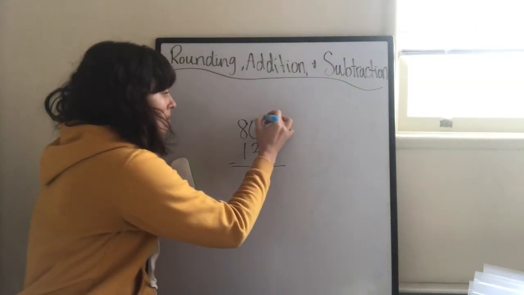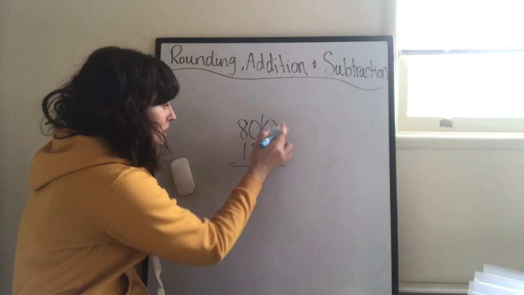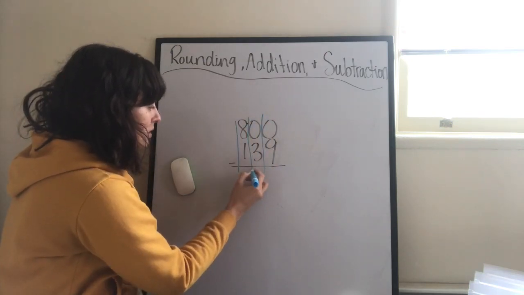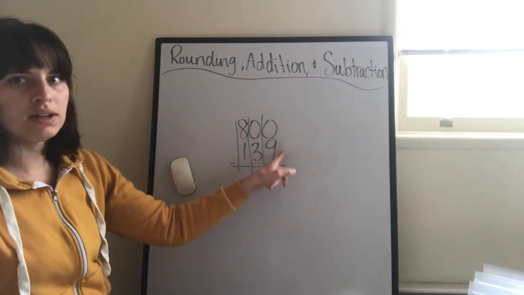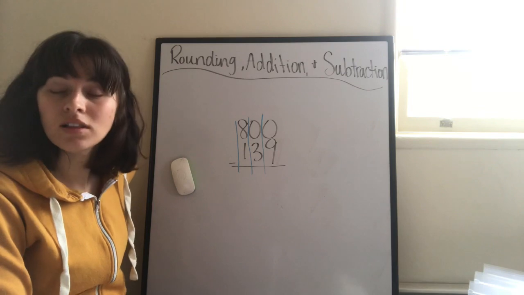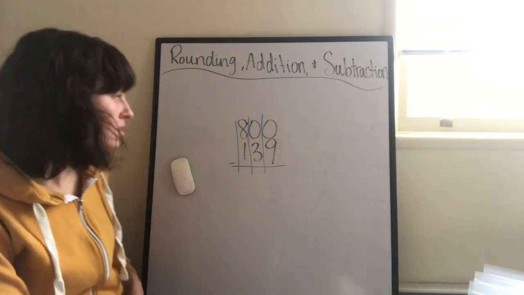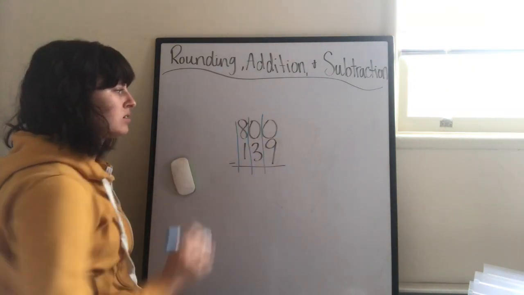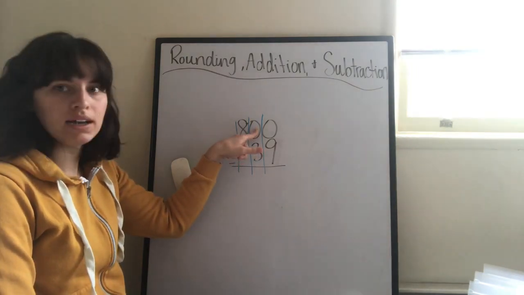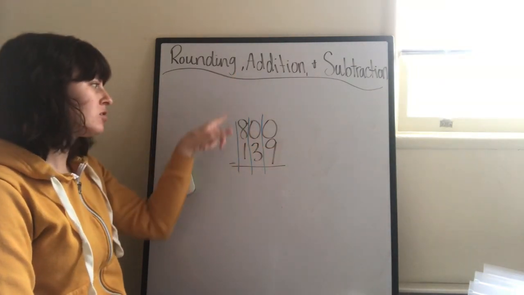So again, ones place, tens place, hundreds place. 0 minus 9. Can I do 0 minus 9? I cannot. If I have $0, I can't give you $9. I have to look to my guy next door. Can I take anything from 0? Nope, I cannot. I have to go next door again.